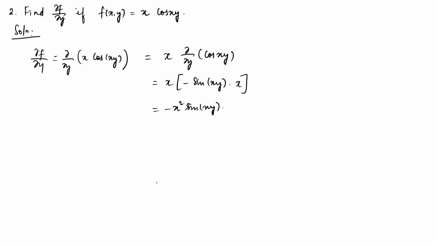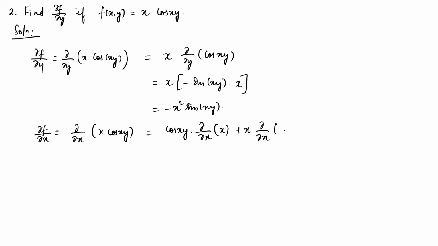Yes, sir. Okay. Suppose in this problem we are asked to find del f upon del x, what would we do? Yes, we will have to make use of the product rule. That is, keeping this quantity as it is and differentiating x alone, and then keeping x as it is and differentiating cos xy.